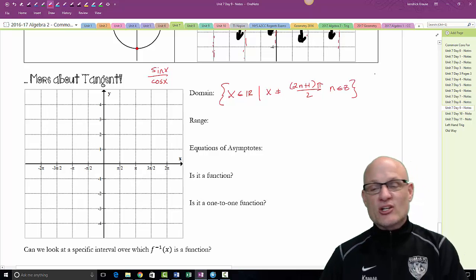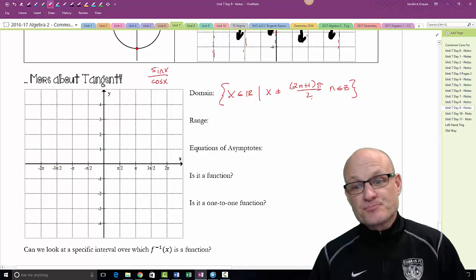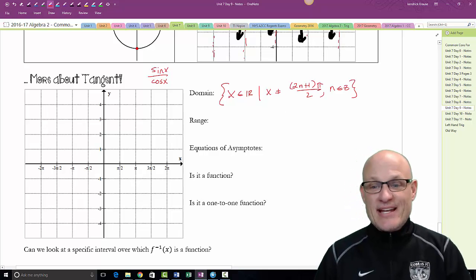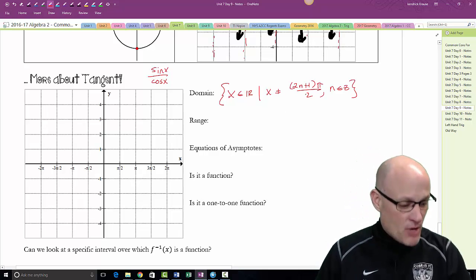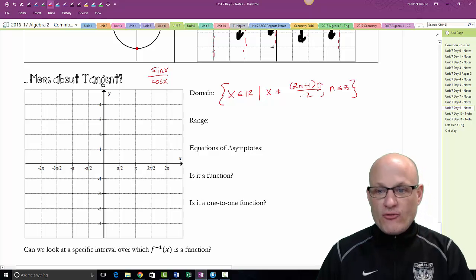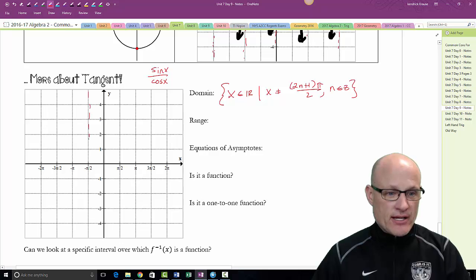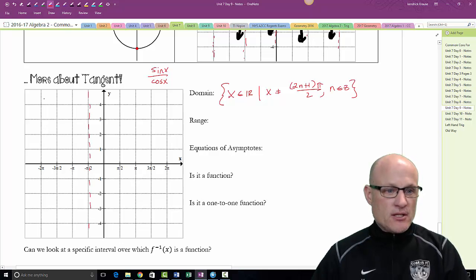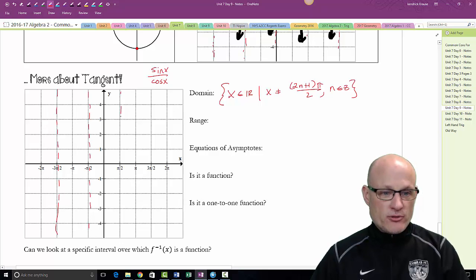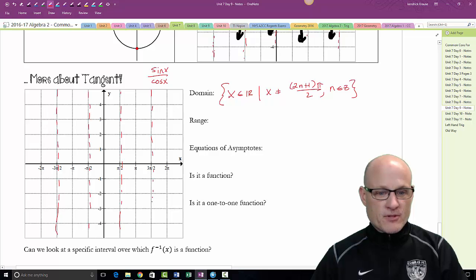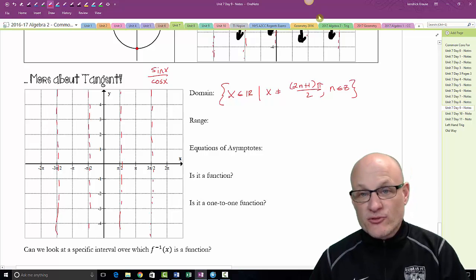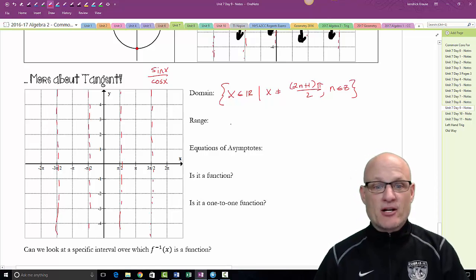I know that looks really funky, but x can't equal all odd multiples of pi over 2. So negative pi over 2 is an asymptote, 3 pi over 2, negative 3 pi over 2, pi over 2, 3 pi over 2, 5 pi over 2, 7 pi over 2, 9 pi over 2.